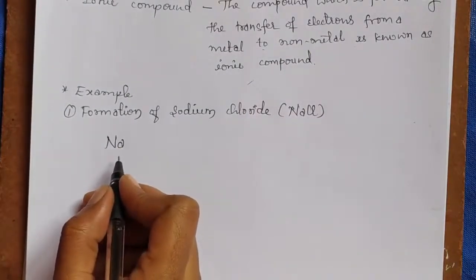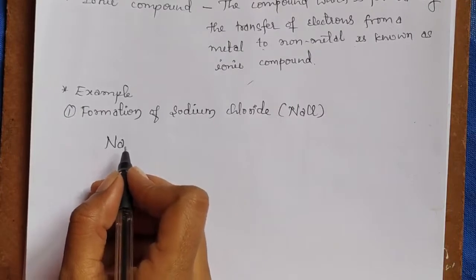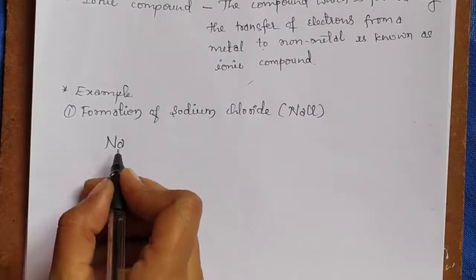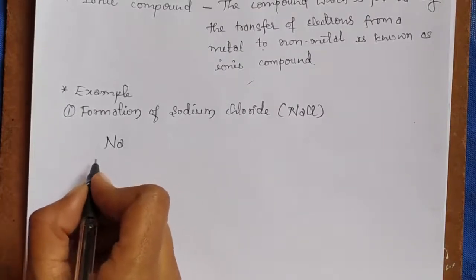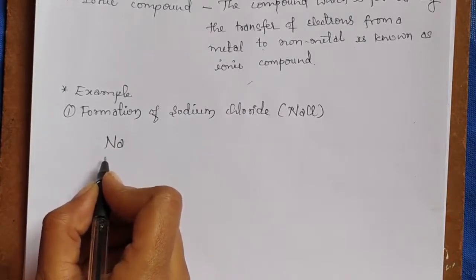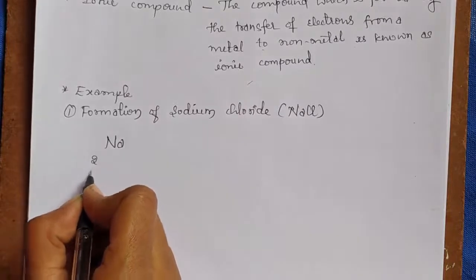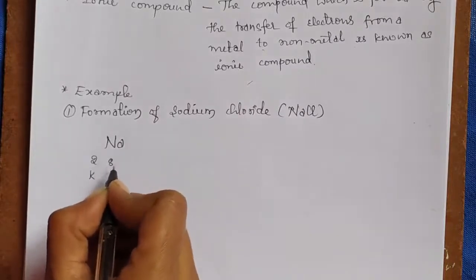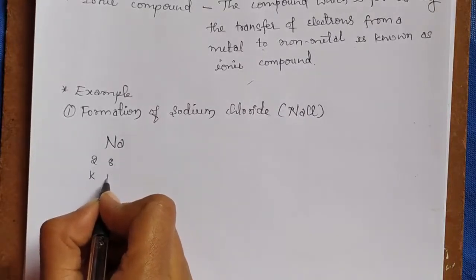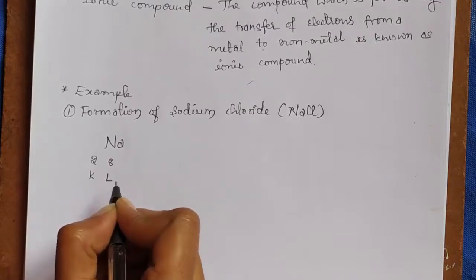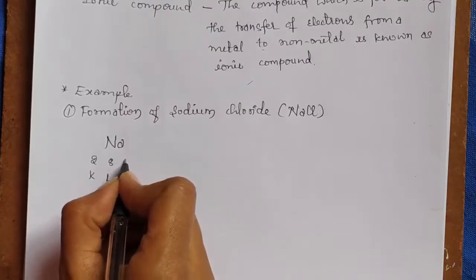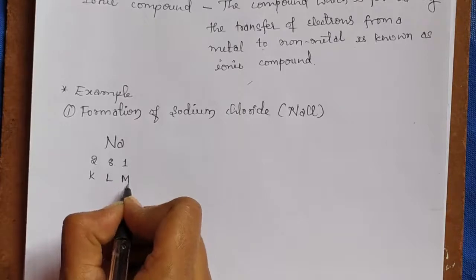What is the atomic number of sodium? It is 11, and these 11 electrons are distributed in different shells like this. 2 electrons are placed in the K shell, 8 electrons in the L shell, and the remaining 1 electron is placed in the M shell.